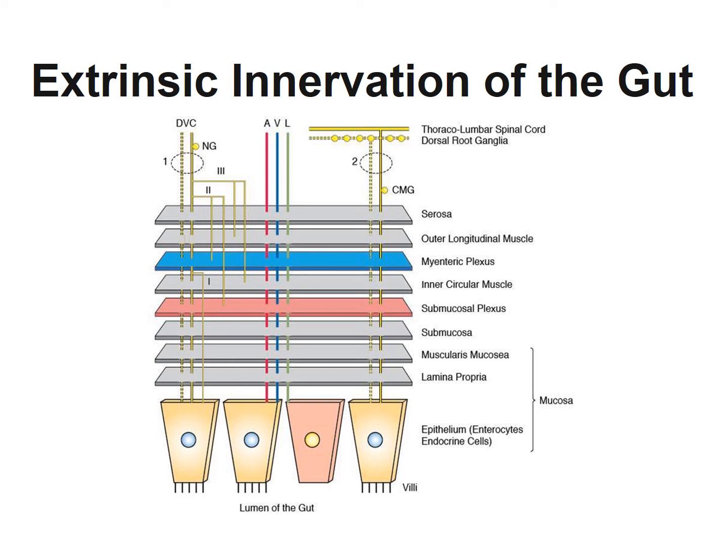This afferent reaches the muscle layers of the gut. That's why it's called intermuscular arrays. The fibers reach the muscles of the gut wall, and again collect information and send it to the central nervous system, to the DVC again.